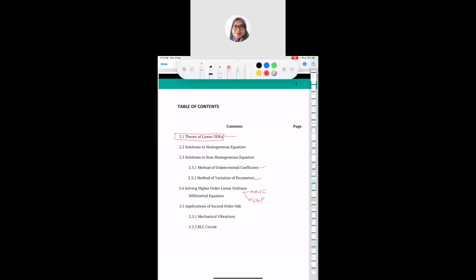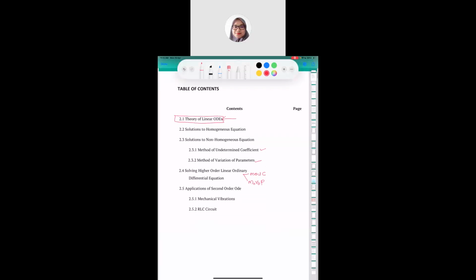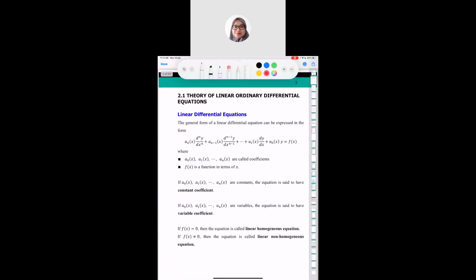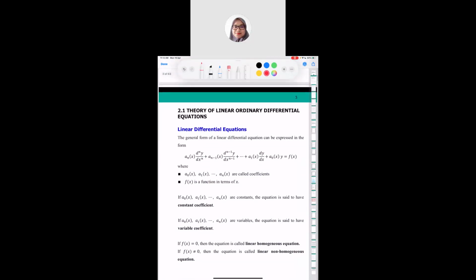And then same as chapter 1, after we finish discussing, we will discuss application in real life for second order ODE. Okay, so this is theory. I only want to touch on this first part.